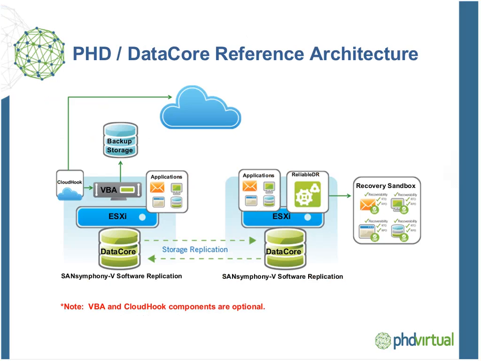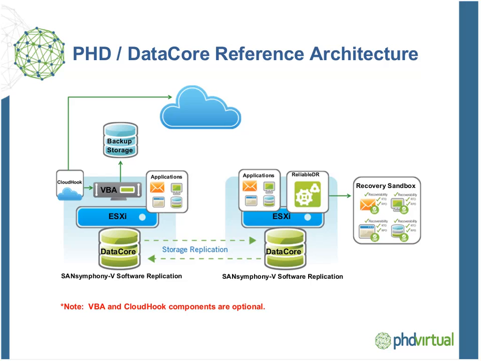Now, where we augment that in the production environment is with granular recovery of data from our virtual backup appliance, or what you see here in the illustration as the VBA. So this is just a small Linux virtual machine that handles backup and recovery at a granular level on your production site, while DataCore is handling HA and replication off-site. Now, at the DR side, we augment that by leveraging the replication of DataCore SANsymphony under the hood at the data level.